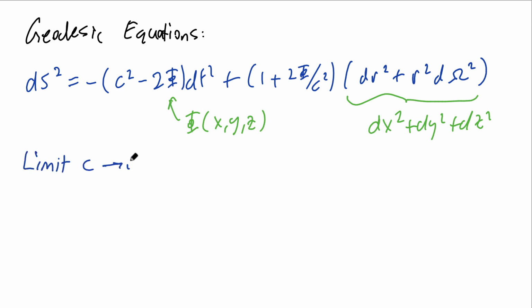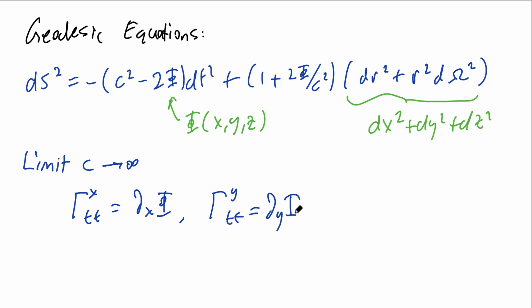as c goes to infinity, we find that the only non-zero Christoffel symbols are gamma x tt, that's equal to the partial with respect to x of phi, gamma y tt is partial with respect to y of phi, and gamma z tt is partial z of phi.